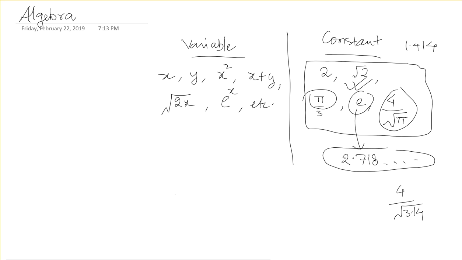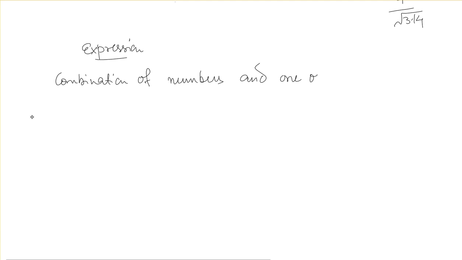Now we learn about expression. An algebraic expression is a combination of numbers and one or more than one variable.